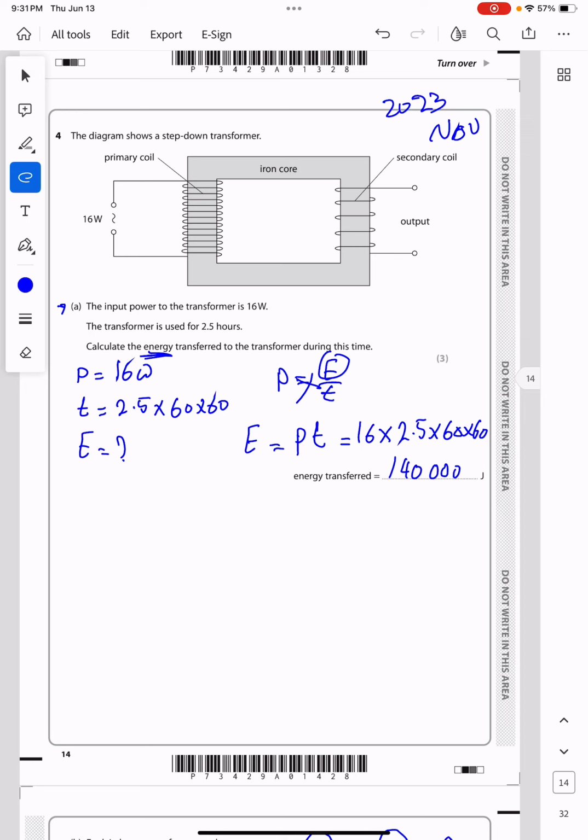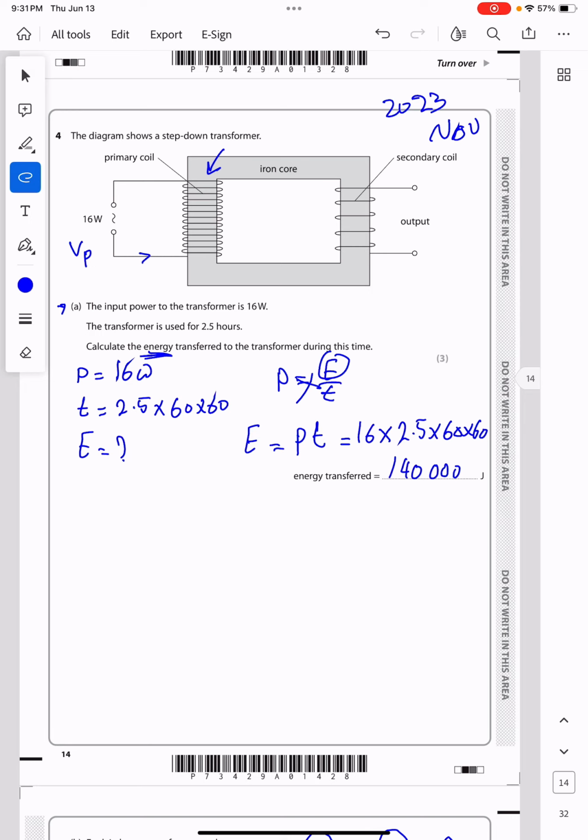Now the first coil is called the primary coil. Here we have a voltage that is going to let a current go through this wire. This voltage, which is called VP, says that it is coming from the primary coil, and we call it the primary coil because everything is starting from here.